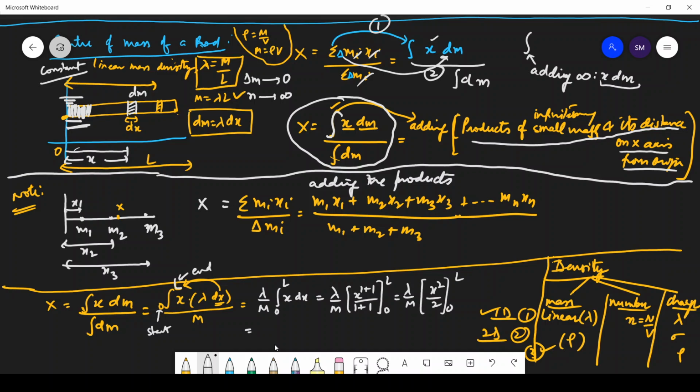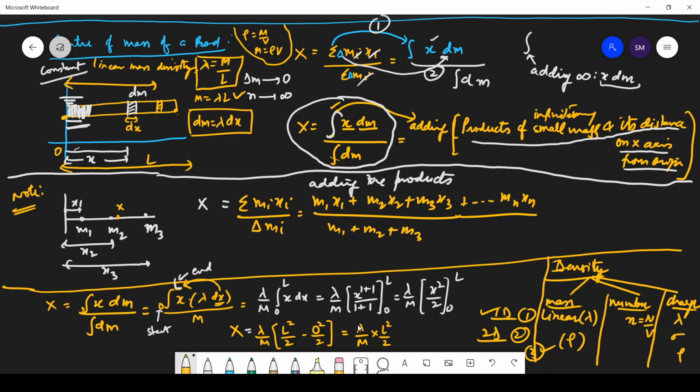Now I am finding the center of mass x coordinate, so lambda upon m into, put x equals to L, so L square upon 2, upper limit minus lower limit, so put x equals to 0, so 0 square upon 2, and this comes out to be lambda upon m into L square by 2, isn't it?